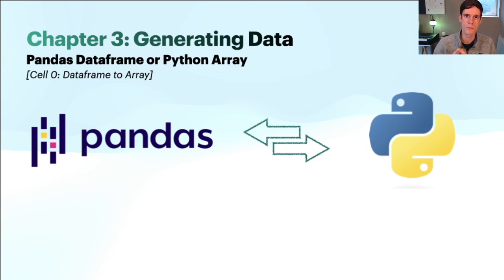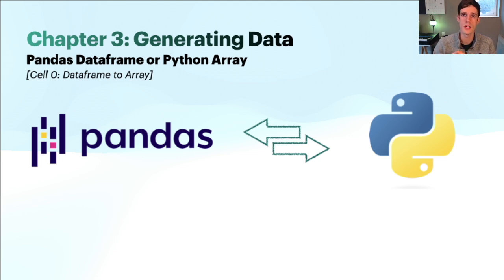Now, even though Pandas is tremendously useful, it also has some limiting factors. For instance, if you want to make some custom visualizations, or more crucially to this course, if you want to implement some more complex statistics, then the Pandas data frame is not the optimal choice.